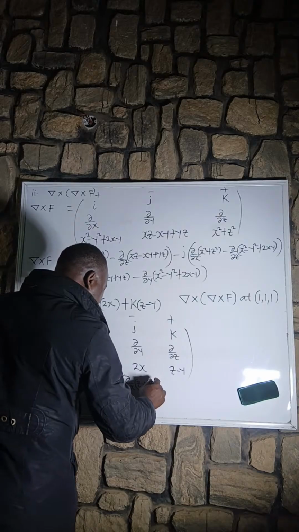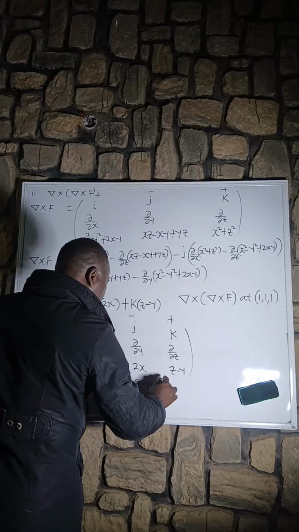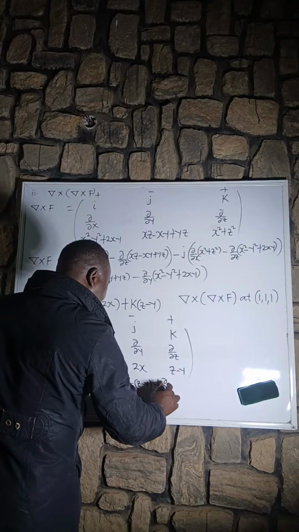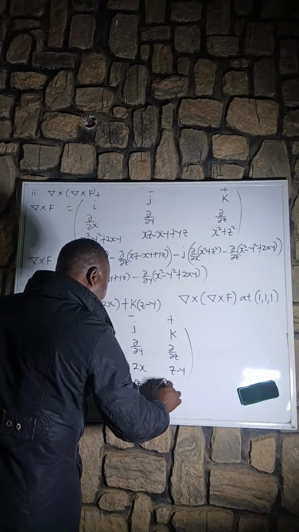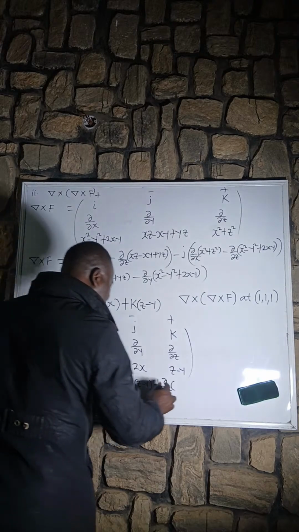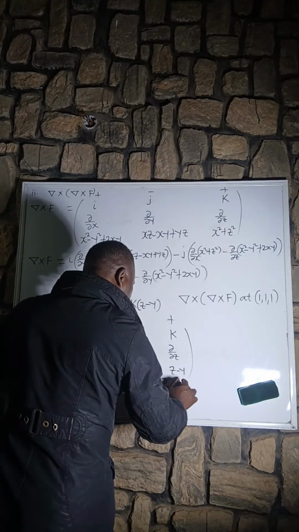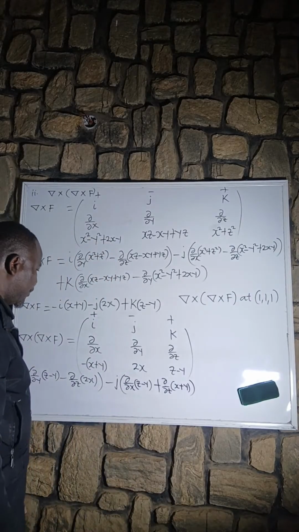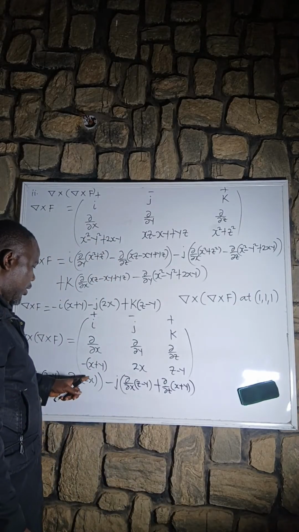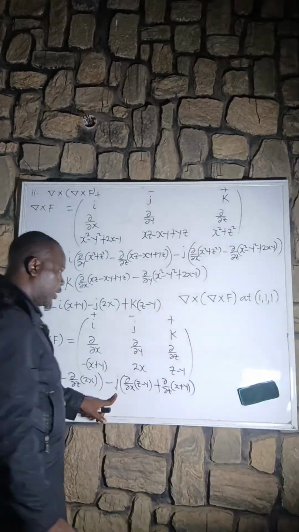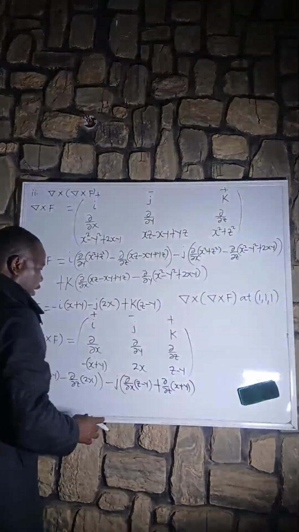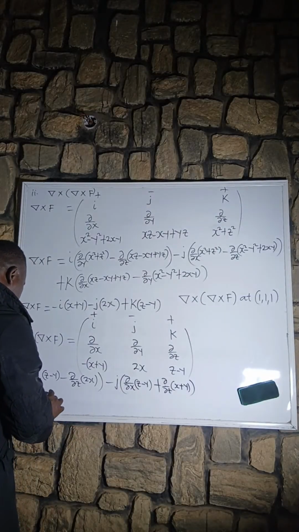So here will be plus partial all over partial z, open bracket x plus y. Then close the bracket for the j components. Then we'll move further to consider k.